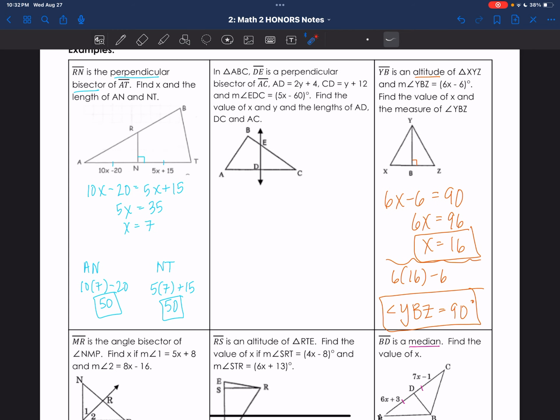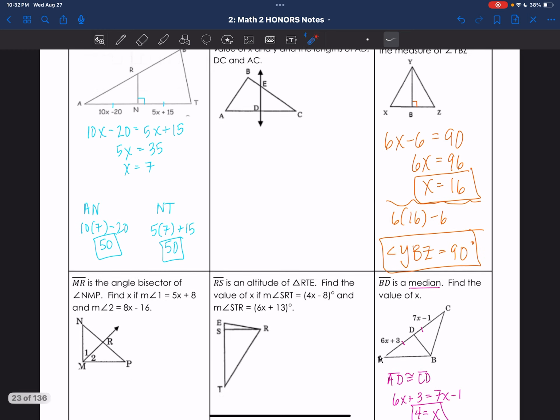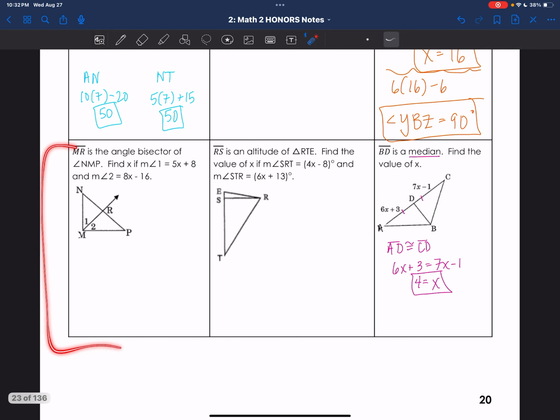If it's the altitude, I know it's going to create a 90-degree angle. Solve for that. X equals 16. Now to find the measure, we take x and plug it into the value there. So angle YBZ equals 90 degrees. I want you to go ahead and try those.